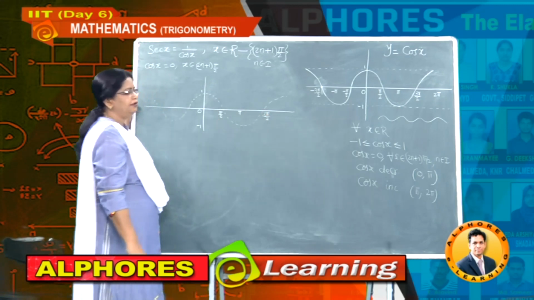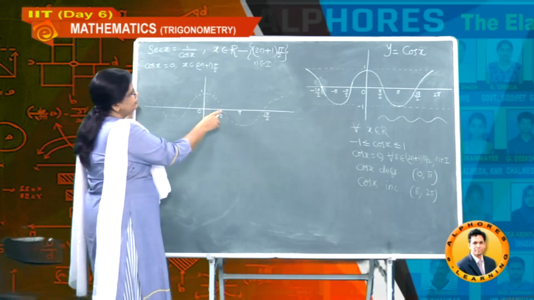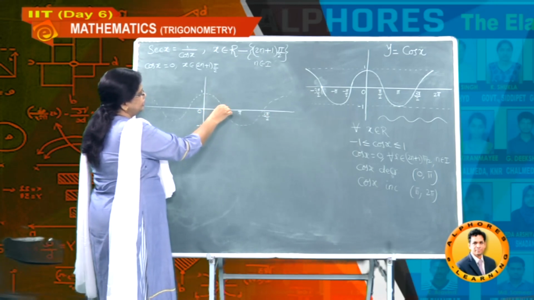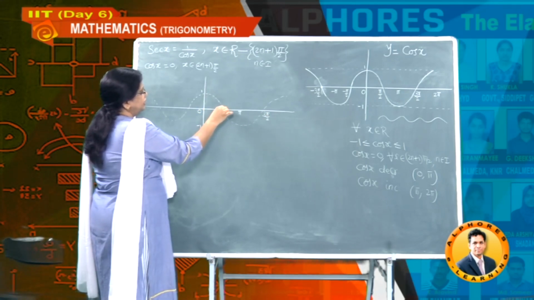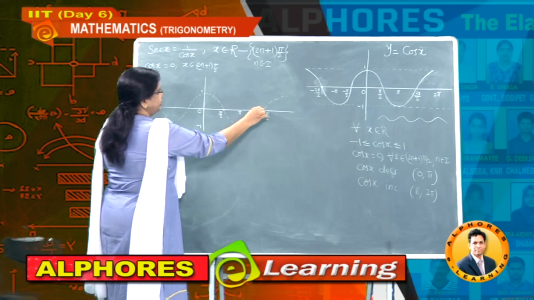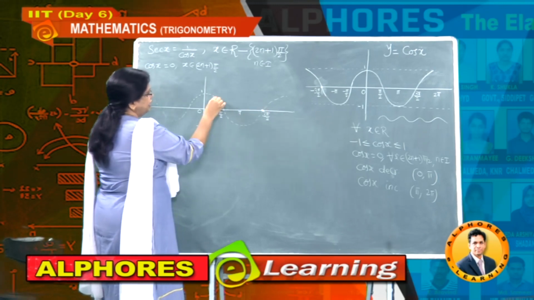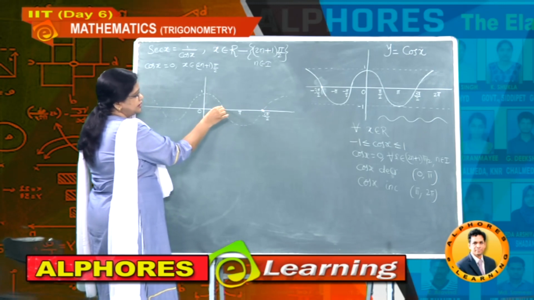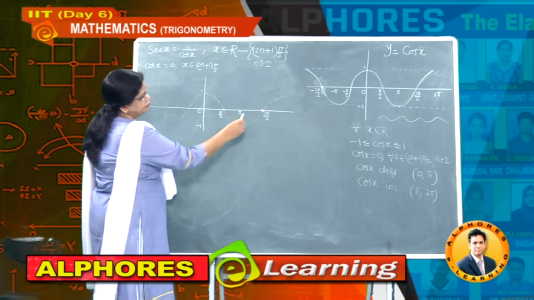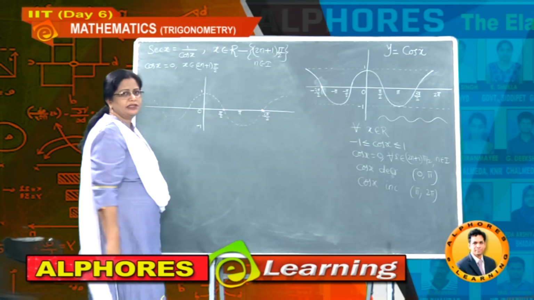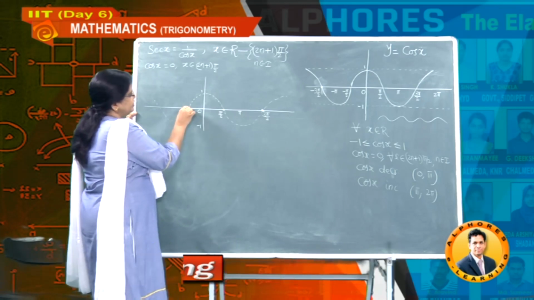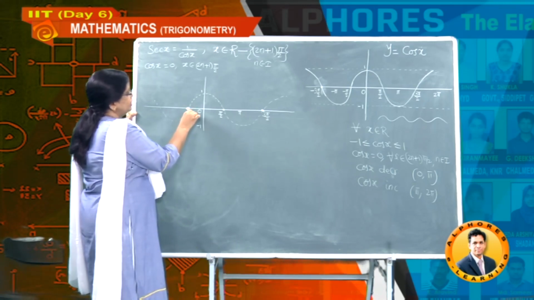Whatever point you are crossing, that means when you observe the curve crossing the x axis, at that particular value the function cos x is 0. Curve is intersecting the x axis, so here cos x is 0.